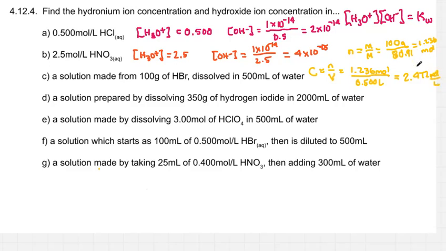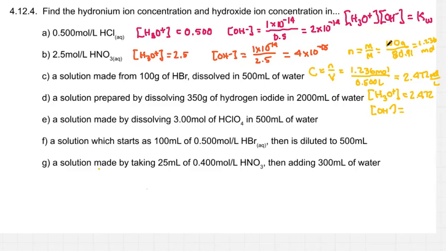Now we can start the actual problem. They want the H3O concentration. Well, this is a top 6 acid, so the H3O will be the same number as this. H3O equals 2.472 moles per liter. The OH concentration per our formula is Kw divided by H3O.